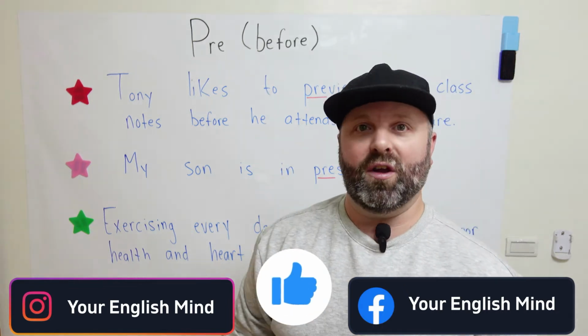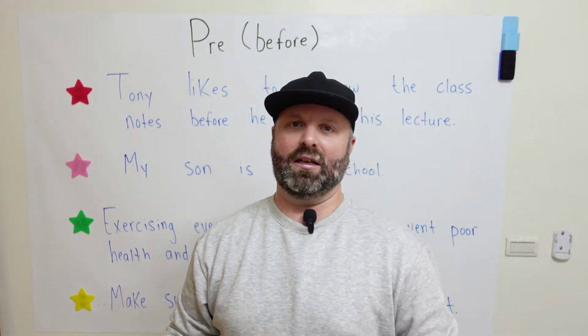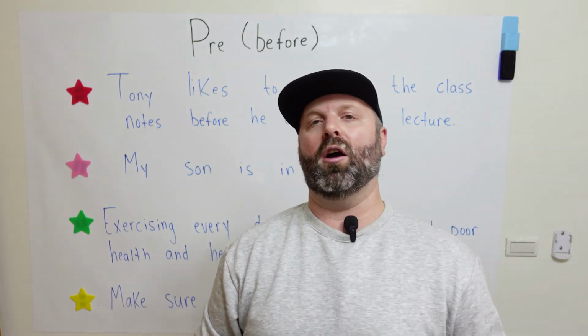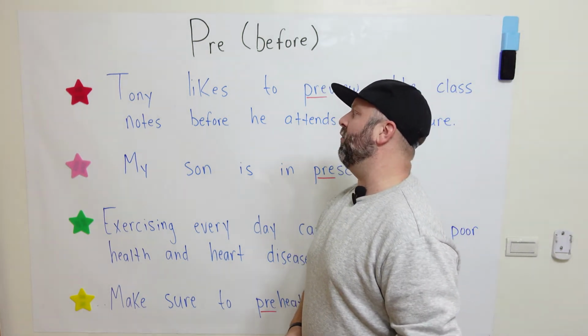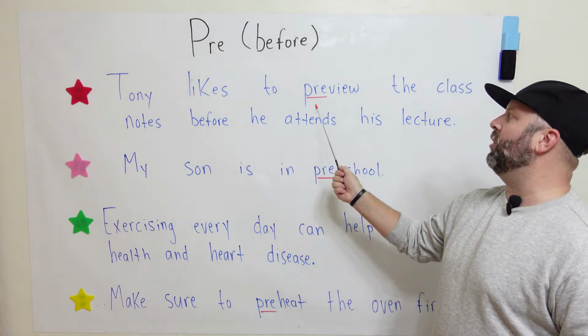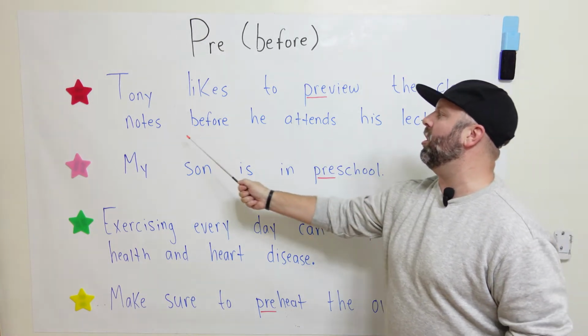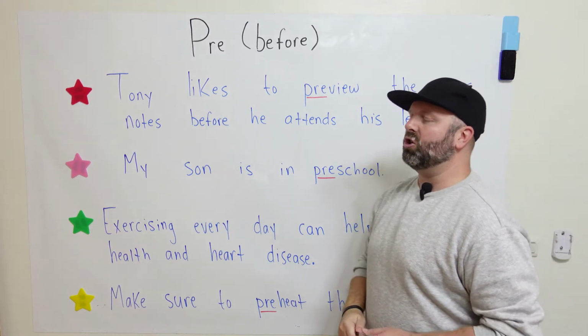The word prefix has pre in it. A prefix is a letter or a group of letters that come before a word, okay? So let's take a look at our first example here. Tony likes to preview the class notes before he attends his lecture.